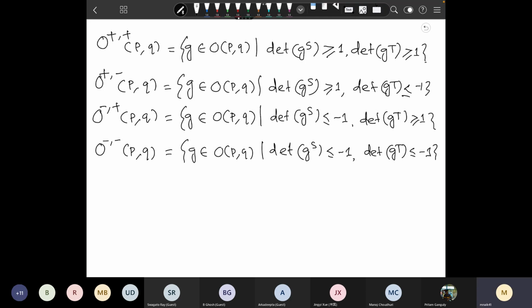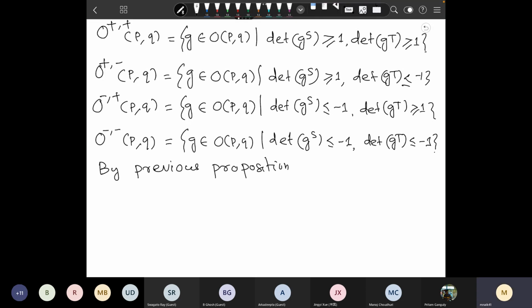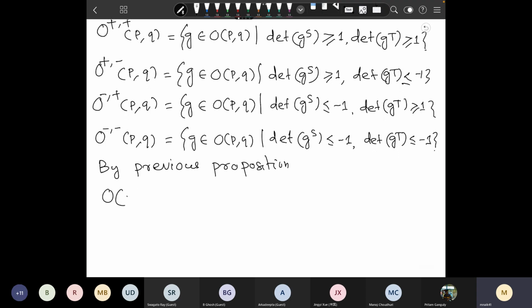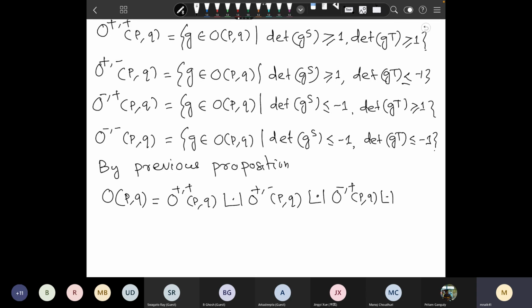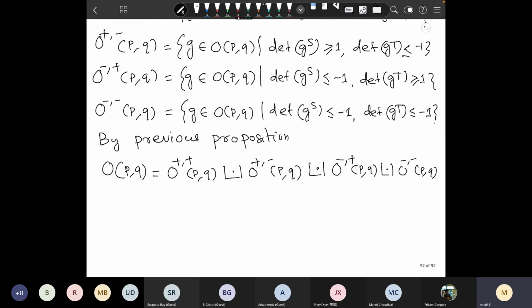Okay. So now by the previous proposition, O(p,q) is equal to O plus plus (p,q), disjoint union O plus minus (p,q), disjoint union O minus plus (p,q), disjoint union O minus minus (p,q).